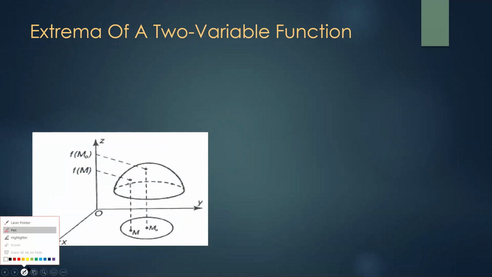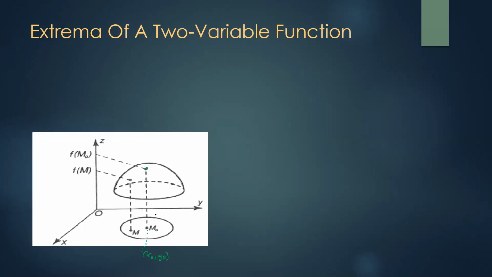So the local maximum basically means this is the maximum point, M0. Coordinates at this point are x0, y0. And at this point, we call this the local maximum point if, of course, the function value is greater than anywhere else in that neighborhood.